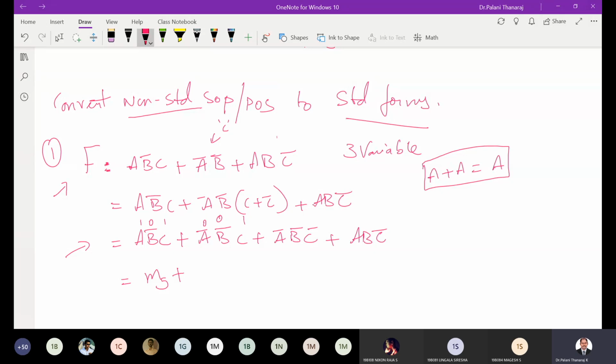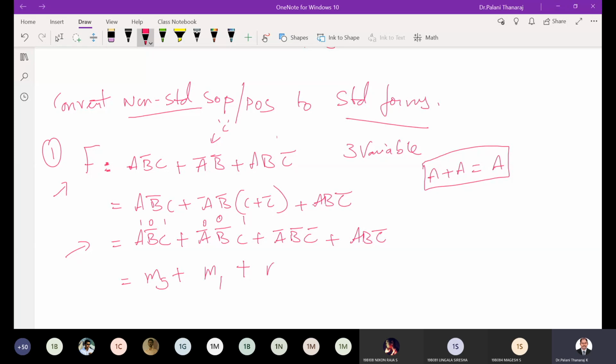This is 0, 0, 1, right? What is 0, 0, 1? It is going to be M1 plus, what is the next one? Just tell me what is that number. What is 0, 0, 0?